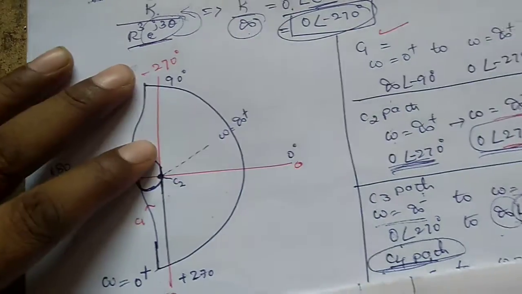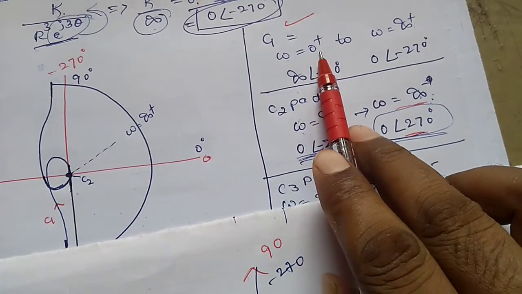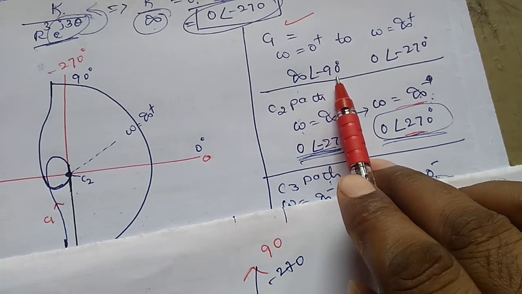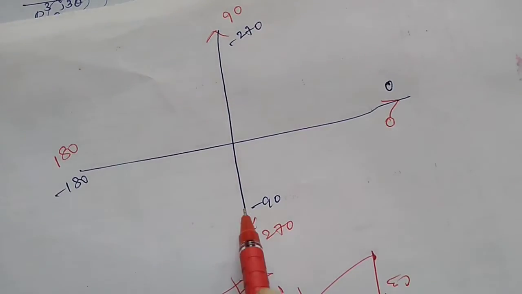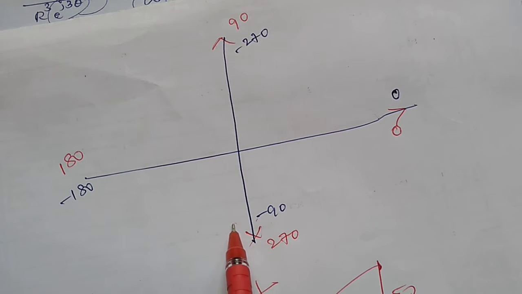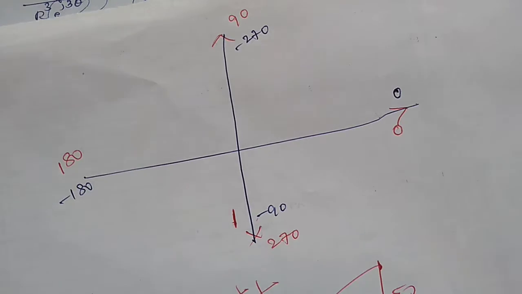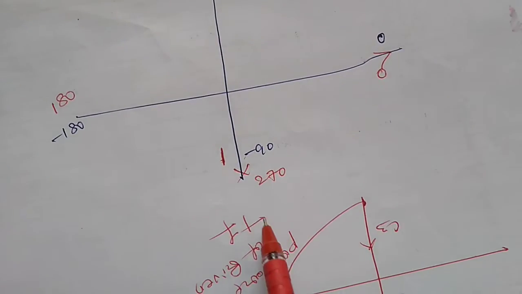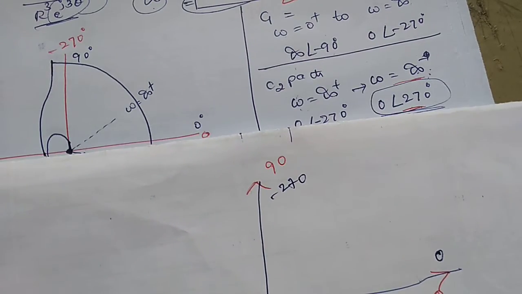Consider the first path, C1. So omega equal to 0 plus, magnitude is infinite at an angle minus 90. Consider the trajectories, minus 90. Magnitude is infinity. Infinity means I will mark it here somewhere. Here, infinity at an angle minus 90. That is omega equal to 0 plus.